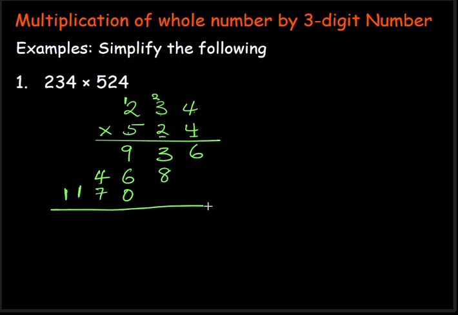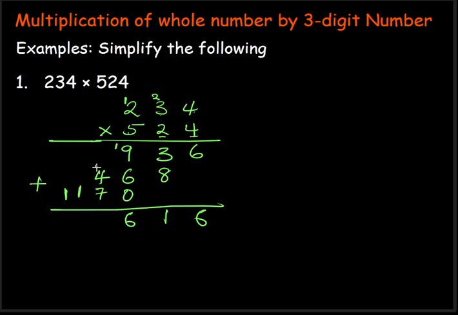Okay, so let's see what we have. So we are going to do our addition. We bring down 6 here. 3 plus 8, that will give us 11. 1 carried 1. 1 plus 9, 10. 10 plus 6, 16 plus 0, 16. That will give us 6.